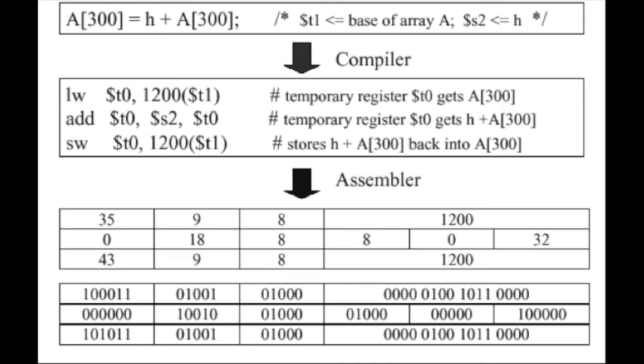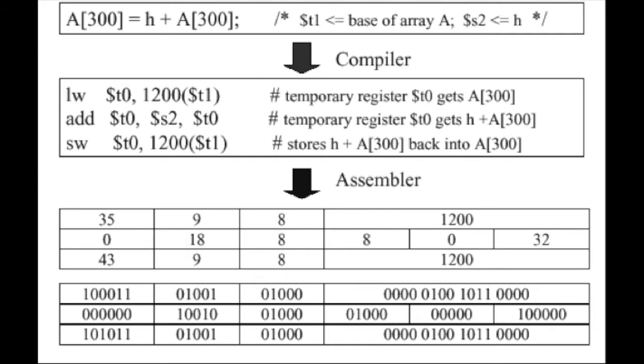Here's another example of the relationship between high-level languages, assembly languages, and machine language. If we have a statement in a high-level language, something like A sub 300 equals H plus A 300, and we'll learn about this later, but those are basically array indices.